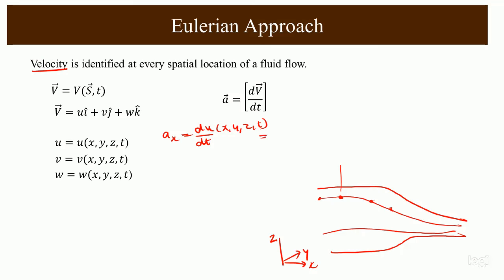It is not just a function of time. So we have to go with some complex ways, which we will discuss in the next video, where I will tell you about acceleration in the Eulerian approach.